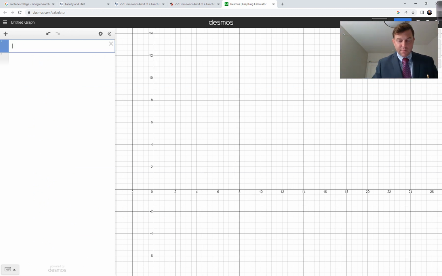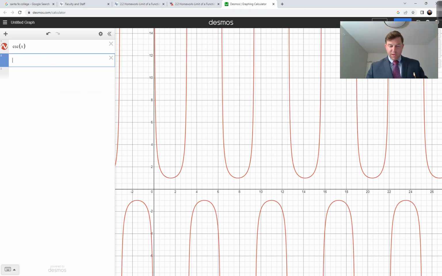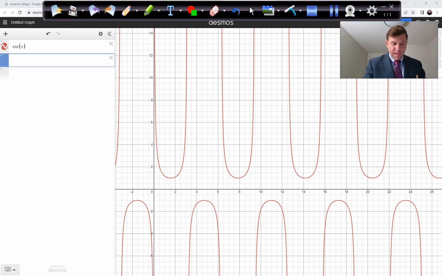Okay, cosecant of x as x approaches pi. So I would just type CSC, parentheses, x, parentheses, enter. And pi is going to be an asymptote at 3.14. I wish I didn't do this in red, but at 3.14 right here, there is a vertical dashed line, and they want us to approach from the right again.